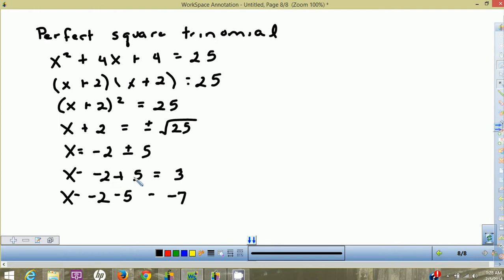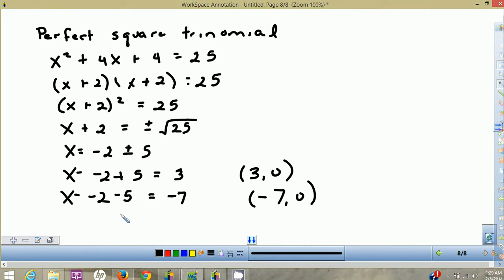My x-intercepts are 3, 0 if x is equal to negative 2 plus 5, or my x-intercept is equal to negative 7, 0 if x is equal to negative 2 minus 5. We were able to solve that through the process of taking square roots, because this particular one happened to be a perfect square trinomial.